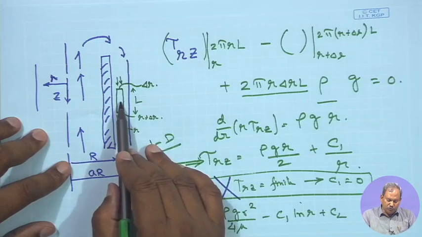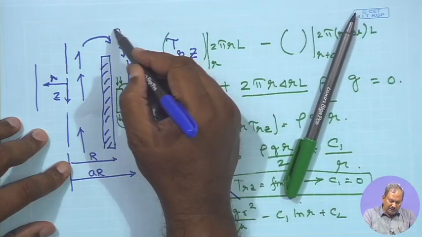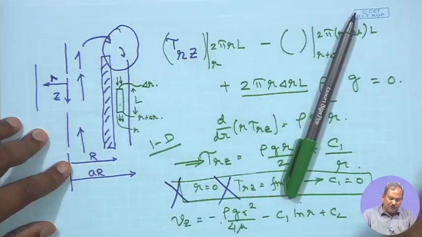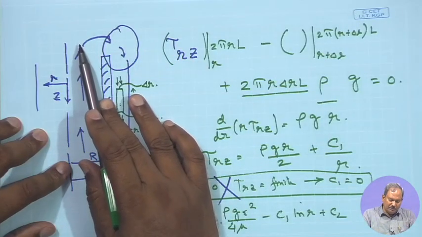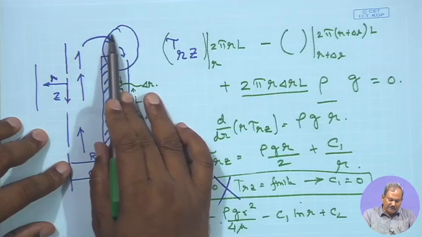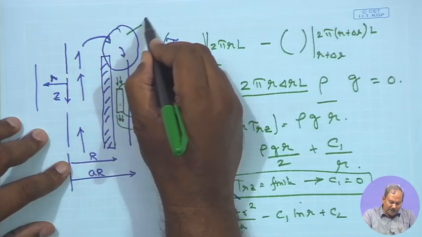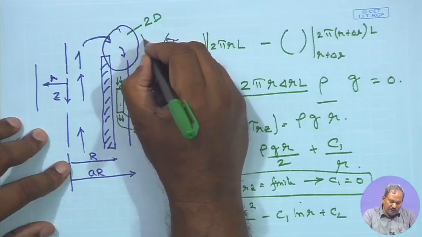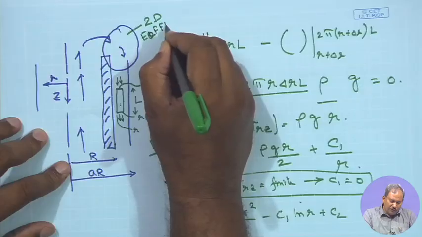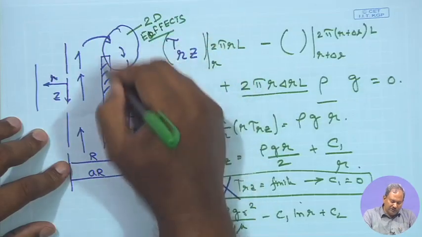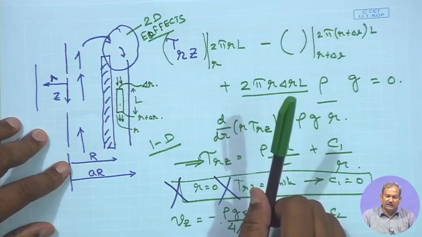That may be true when we are somewhere over here, but what happens in this region where the flow changes from its motion in the minus z direction and suddenly starts to flow in the reverse direction? So, there is bound to be 2D effects near this region which cannot be modeled by a simple shell balance like this.